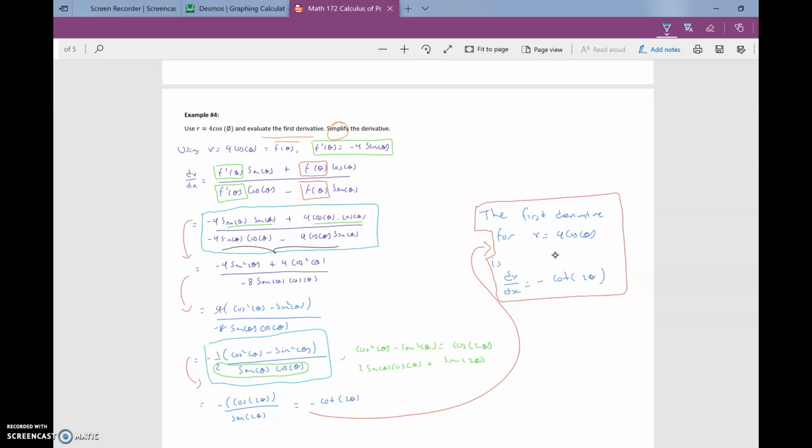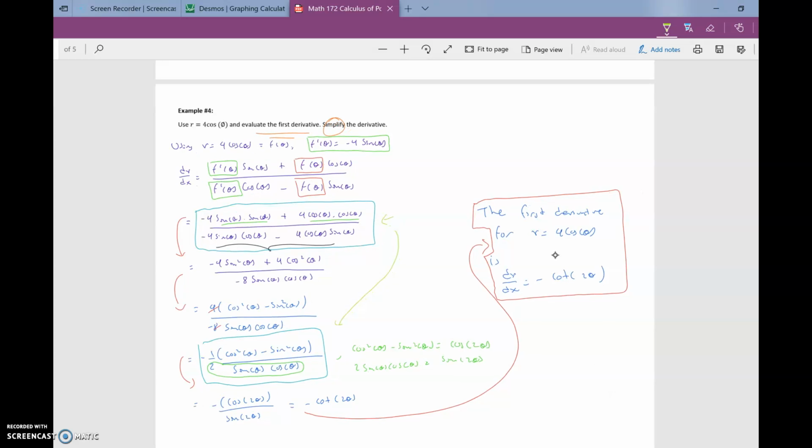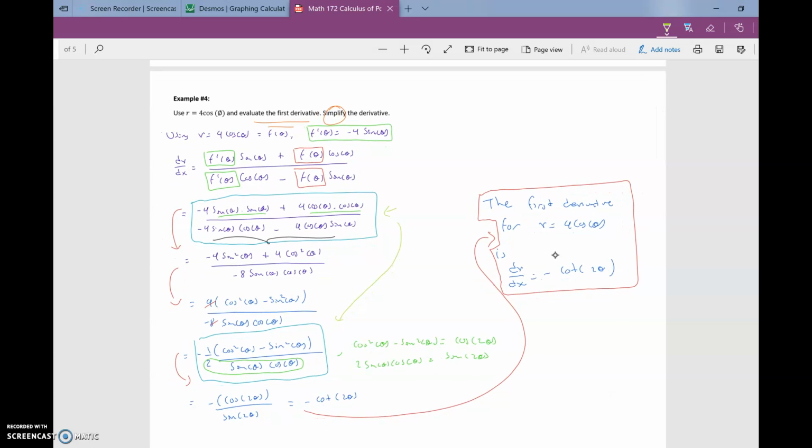That's if they're only asking for the actual slope at a given point. If they don't want you to simplify the derivative, or if they're not asking for the derivative, you may use any of these two. In other words, you would directly evaluate a given point to find the slope, and it'll simplify faster than trying to look for identities. But this one, they were very clear that they wanted us to simplify the final answer, which simplifies to a cotangent of 2 theta.